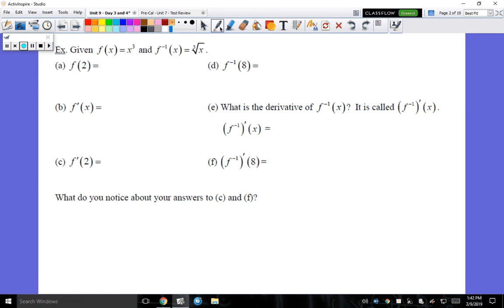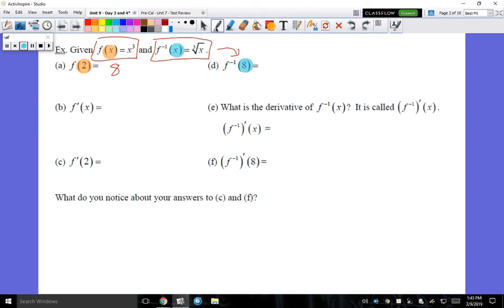It says, given f of x is equal to x cubed, and the inverse function is the cube root of x. If I were to evaluate f of 2, I'm just going to plug in 2 into the f of x function, which would give me 2 cubed, which is 8. Now, if I evaluated the inverse of f at 8, I'm simply going to grab this 8 and plug it into my inverse function.